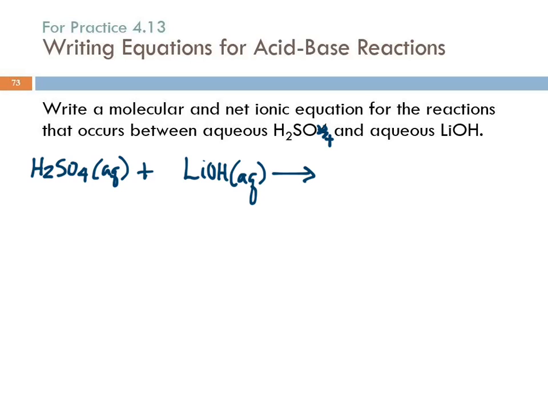Now, we can do the same thing that we did with the precipitation reactions and look at the ions that form. So lithium hydroxide is obviously an ionic compound, and that's going to have lithium ions and hydroxide ions. And the acids also form ions in solution.